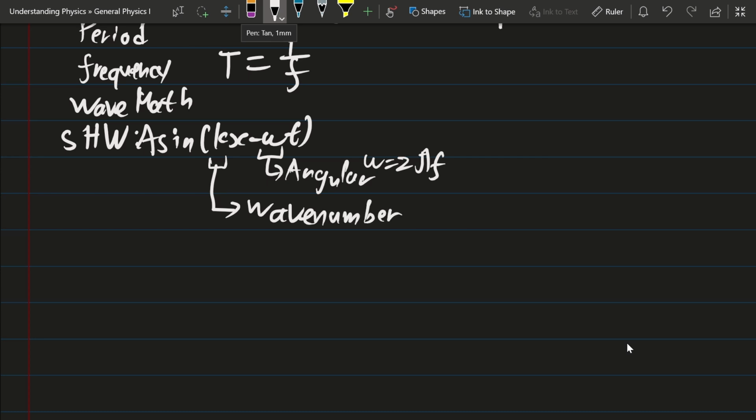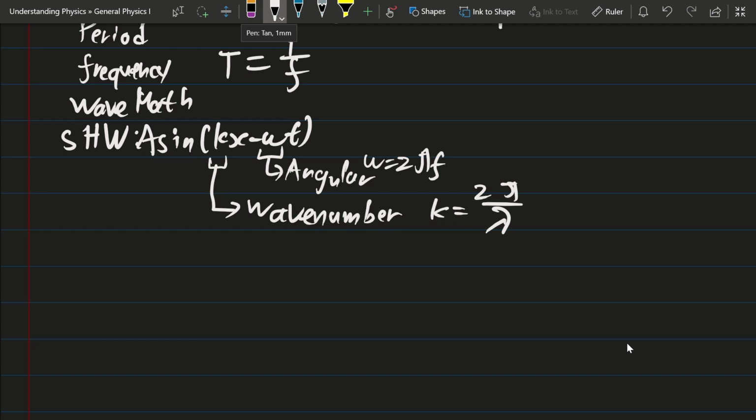So basically the wave number tells you about the frequency in terms of the distance. This is something which you call the wave number k, which is 2 pi over lambda.